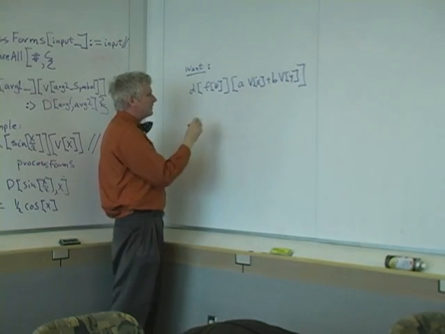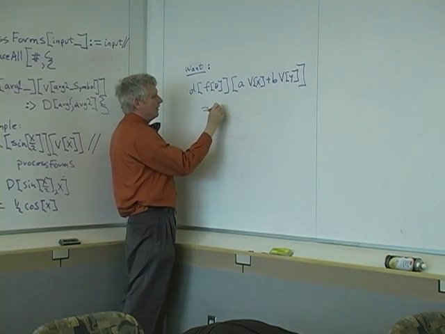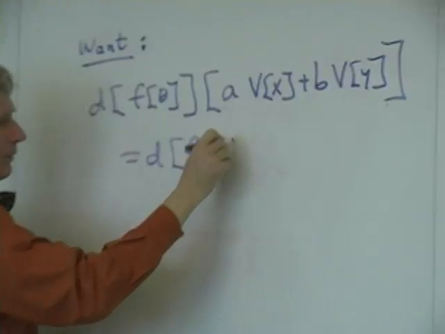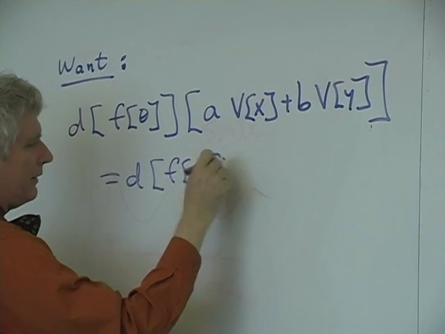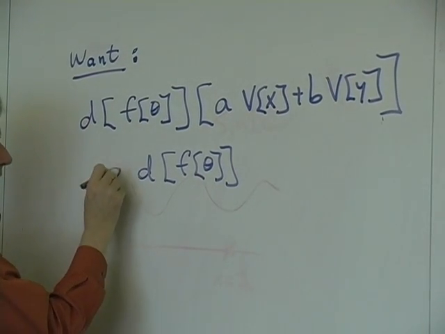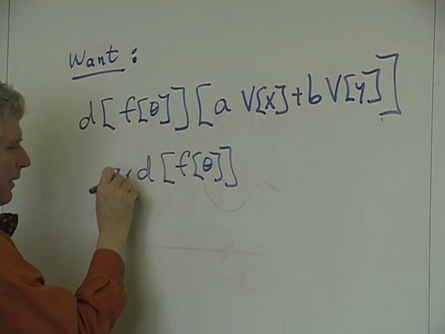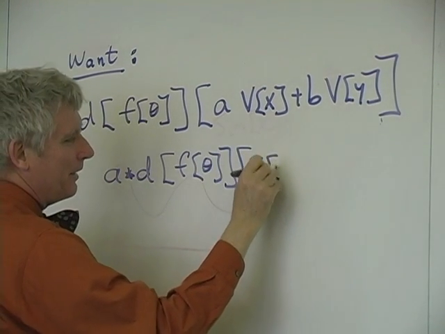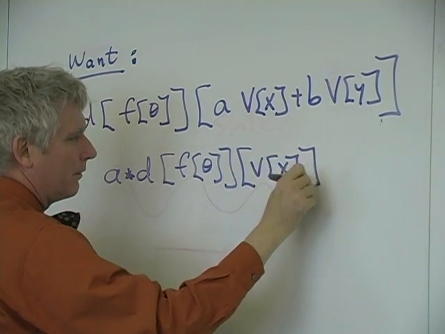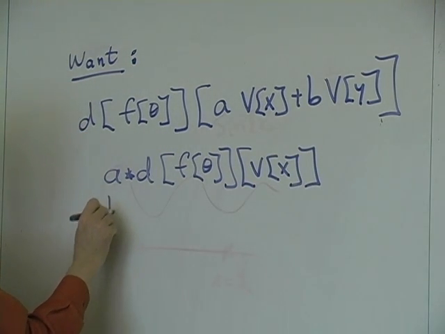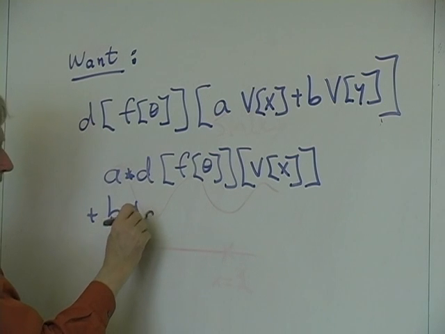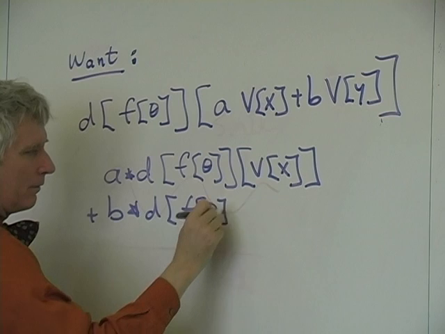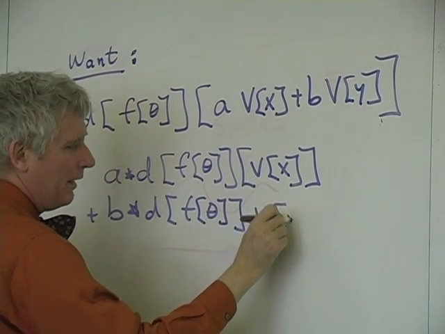I want a rule that says that that is equal to d f of theta acting on, well, a, I'll put in a times here, df of theta acting on v of x, plus b acting on df of theta v of y.